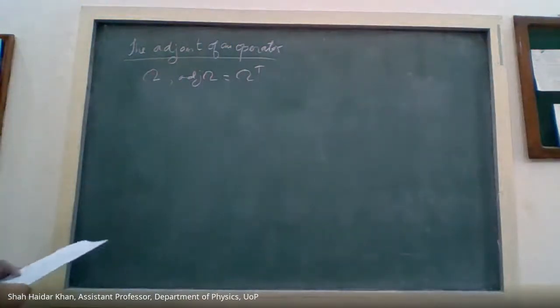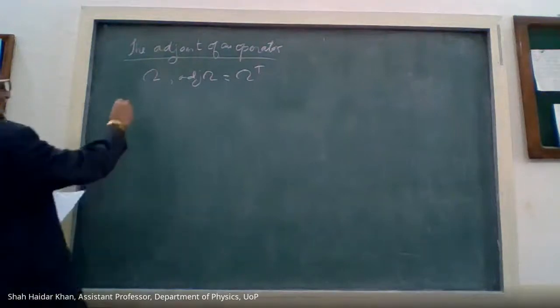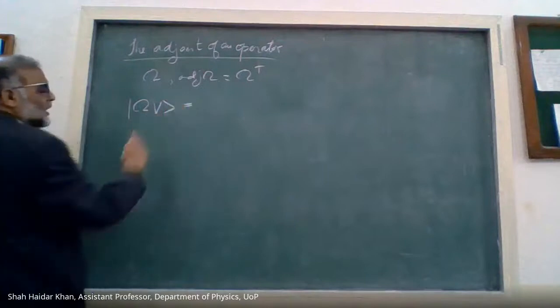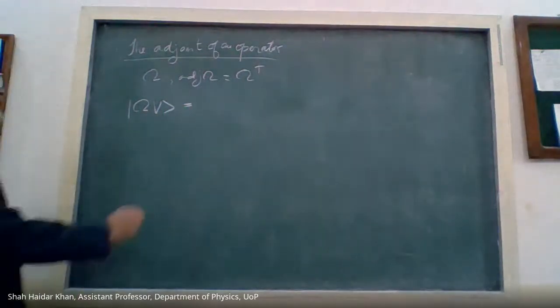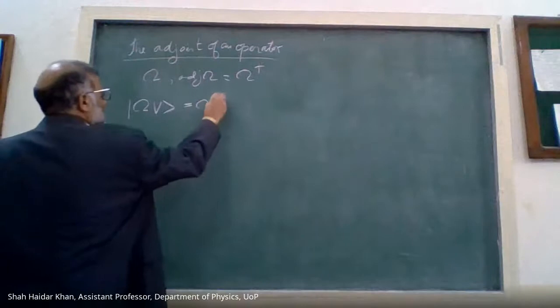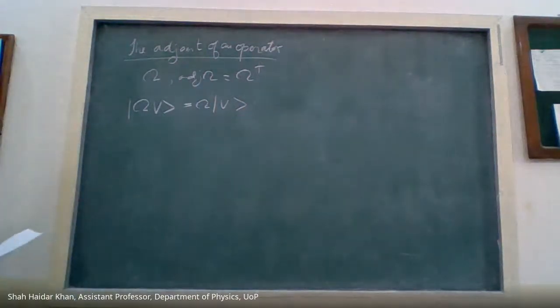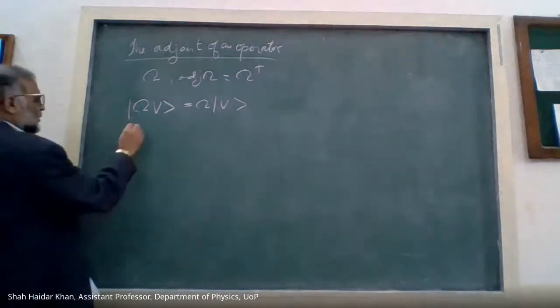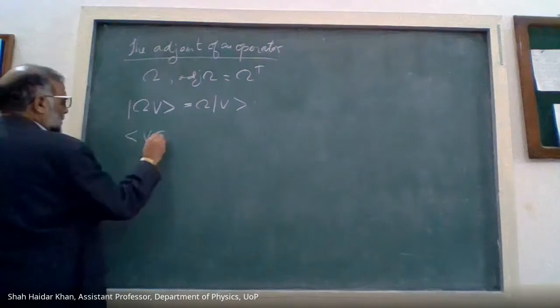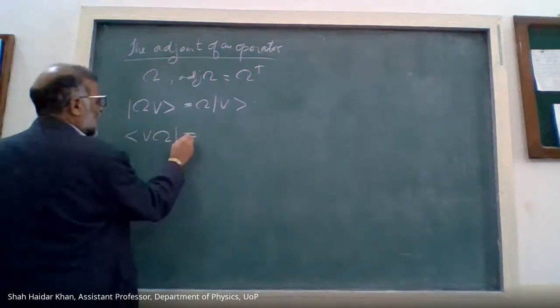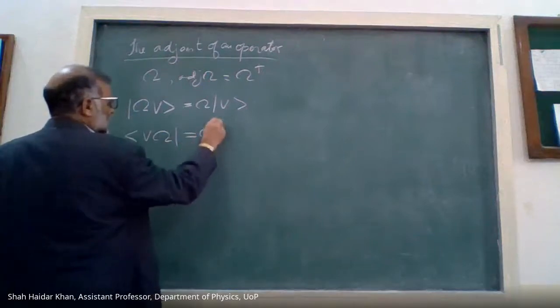So we know that if we have an operator acting on a ket V, we can write this as this. Right? Similarly, if we have an operator acting on a bra, if this goes out, we write it like that.